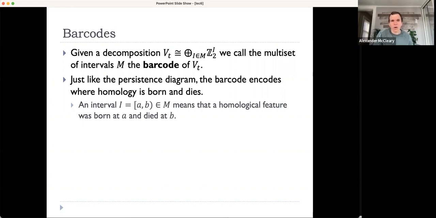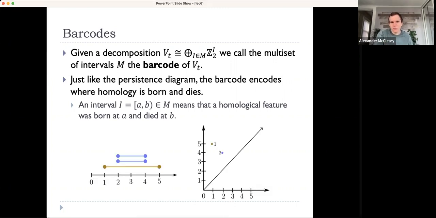The barcode always encodes where homology is born and dies. So an interval from A to B appearing in the barcode means that a homological feature was born at A and died at B. And barcodes are actually equivalent to persistence diagrams.